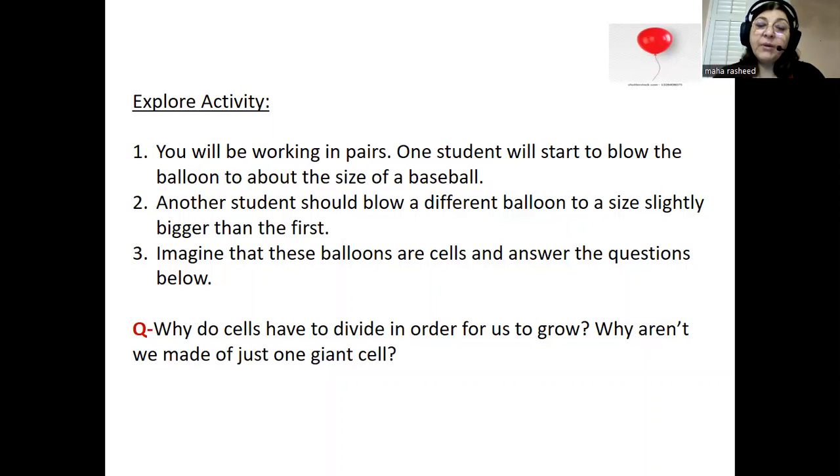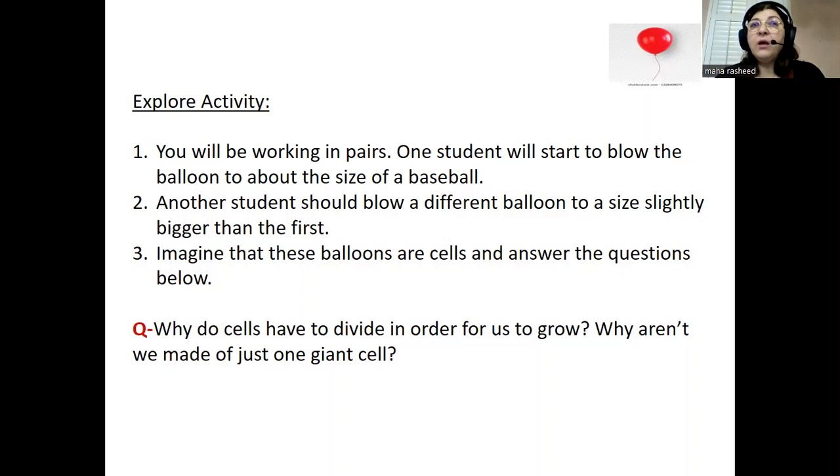So I want somebody to read this question, please. Why do cells have to divide in order for us to grow? Why aren't we made of just one giant cell? So, you know, we are made of trillions of cells, okay? Because we are a multicellular organism.